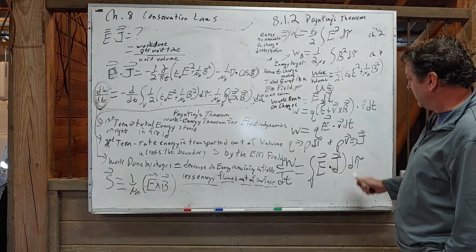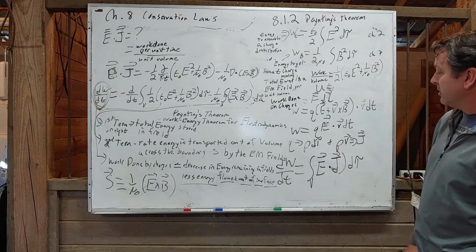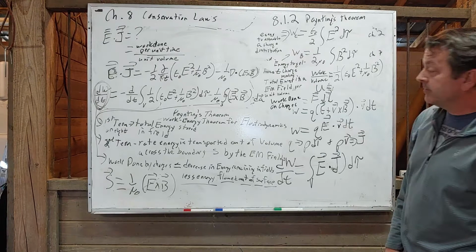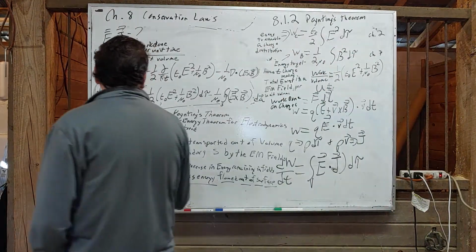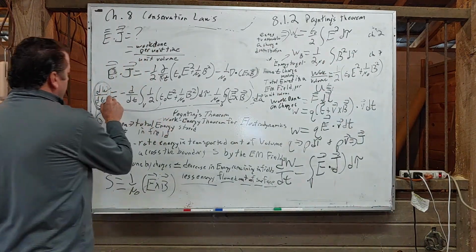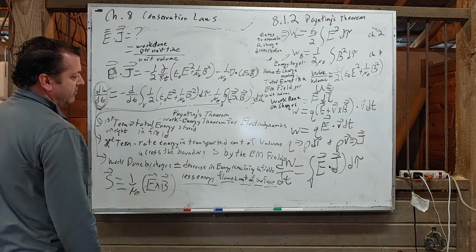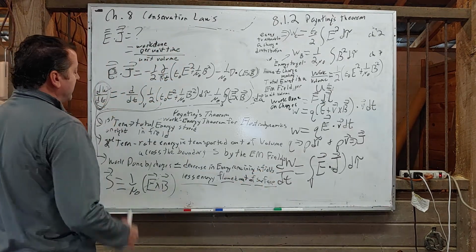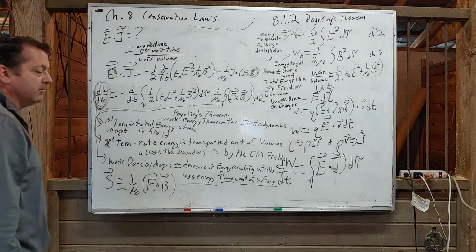So it's the work per unit time, per unit volume. And from that, you get this rate again. So the work per unit time, the energy as a function of time.